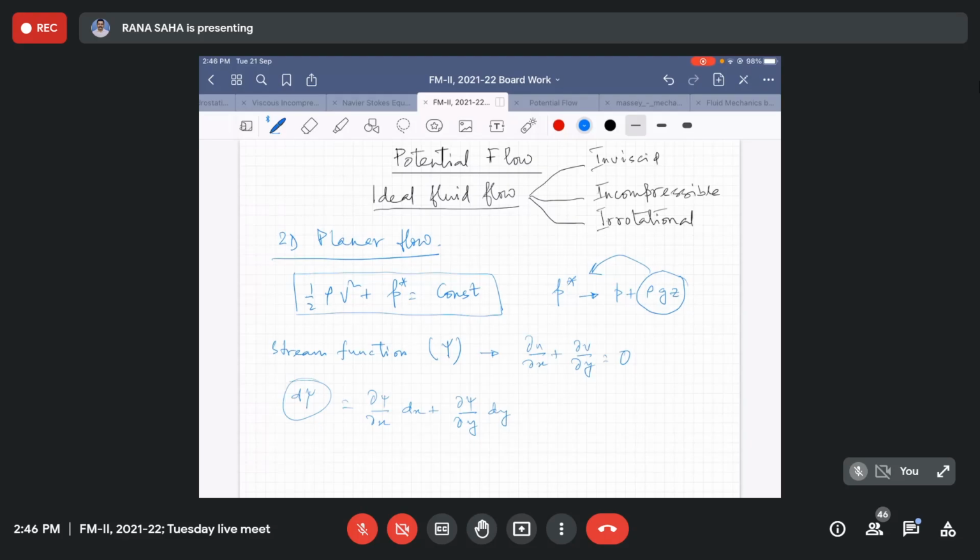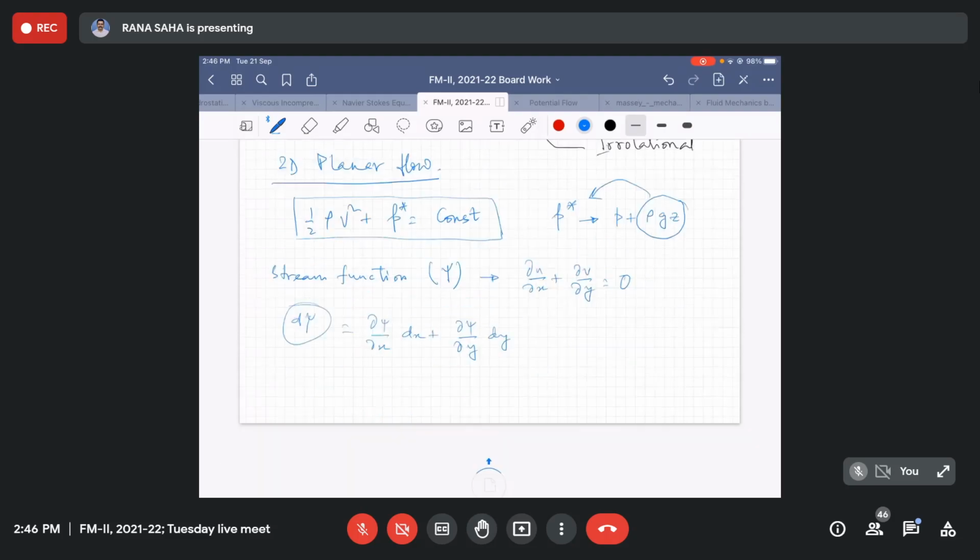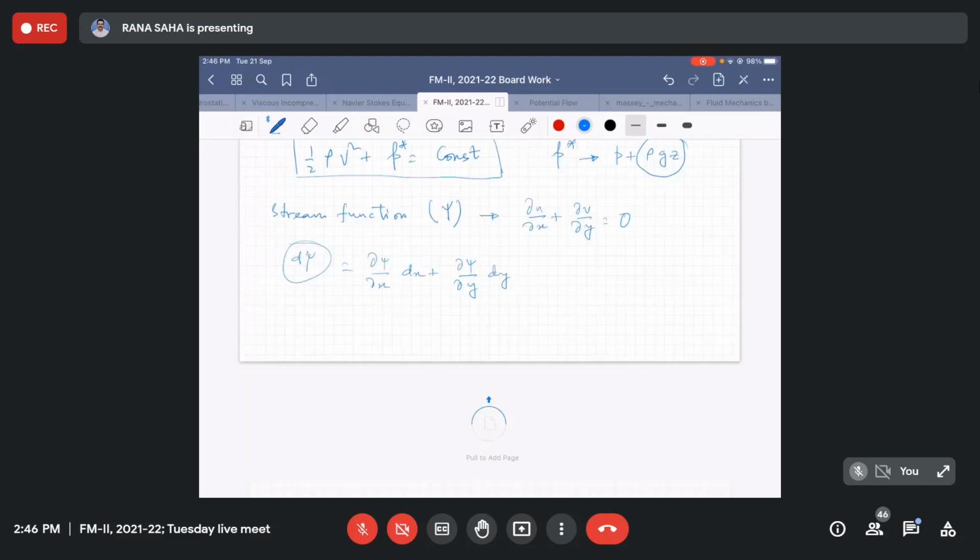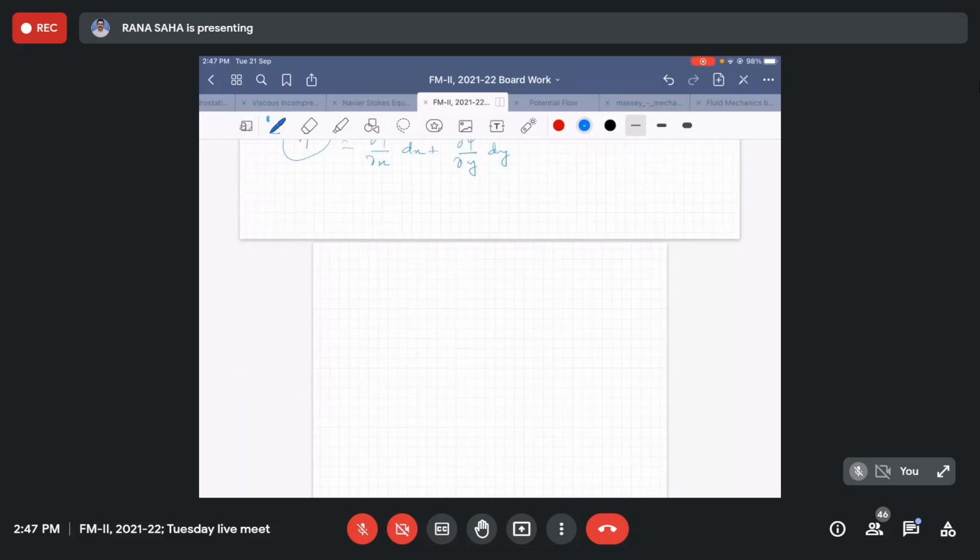So that is the physical situation. What happens in case of a stream function? The same thing is being represented.